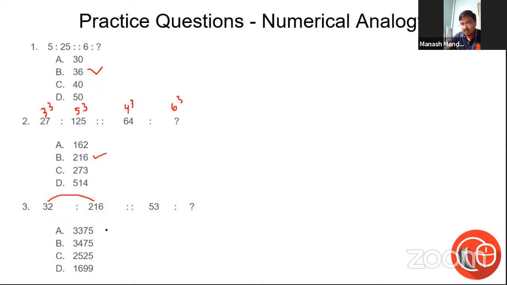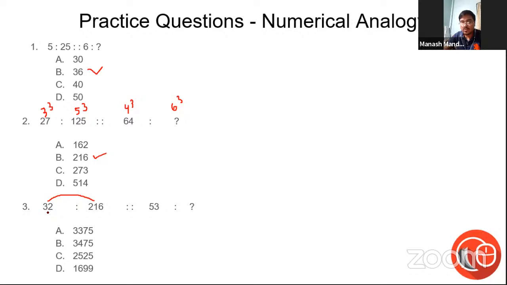Okay, Ekta has answered this as 3475. Ekta, can you tell me why this is the correct answer? Please write in the chat box if you have got any logic behind B being the answer. Can any one of you tell me what is the relationship between this 32 and 216?